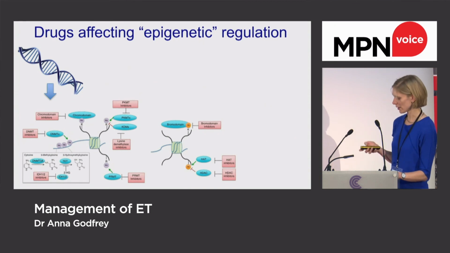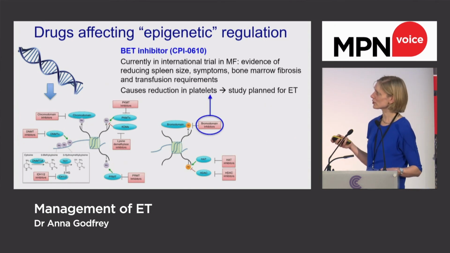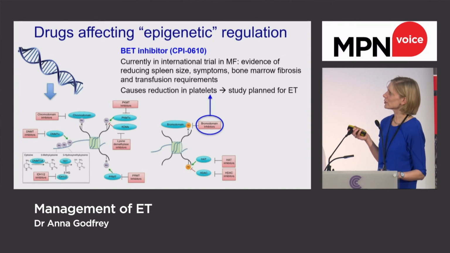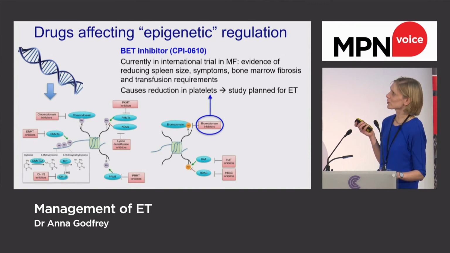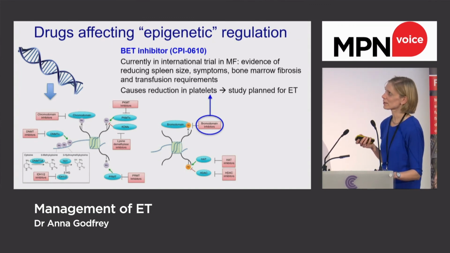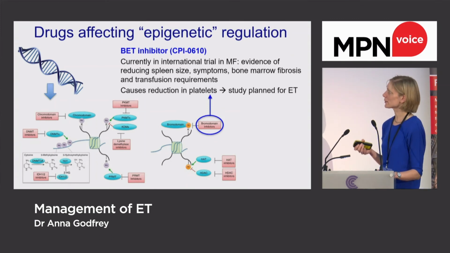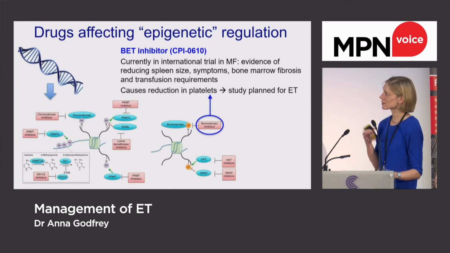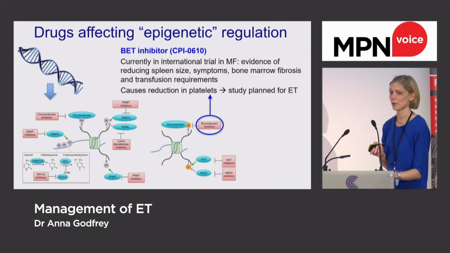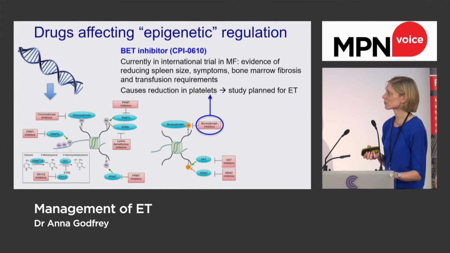Just as a couple of examples of how we might do this, there's a class of drugs called bromodomain inhibitors, and one of these, CPI-0610, is currently being tested in an international trial in myelofibrosis, including in the UK. There has been some evidence that this may reduce spleen size, reduce symptoms, change bone marrow fibrosis, and reduce transfusion requirements.